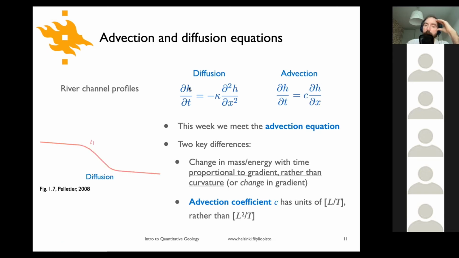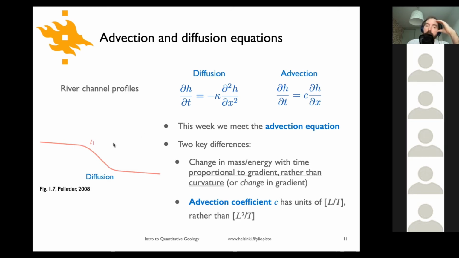When we talk about diffusion with respect to a river, we have elevation or height. So change in height of the river channel is equal to some kappa constant. Again, this is another diffusivity type thing, but it's diffusivity of rock. And then here we have the second derivative of elevation over some distance instead of second derivative of temperature, but basically almost exactly the same thing. And the same goes for the advection, where we just have some constant labeled C out in front in this case.